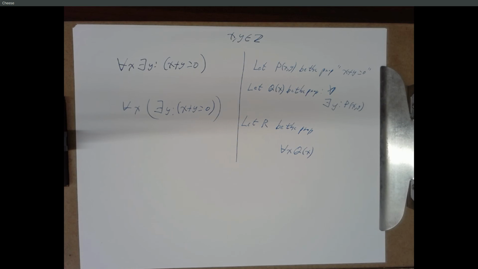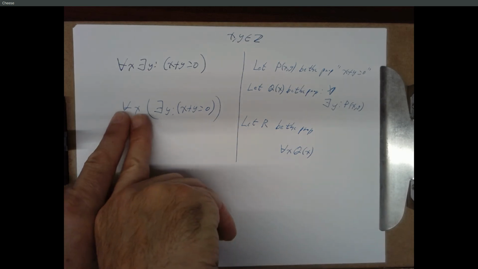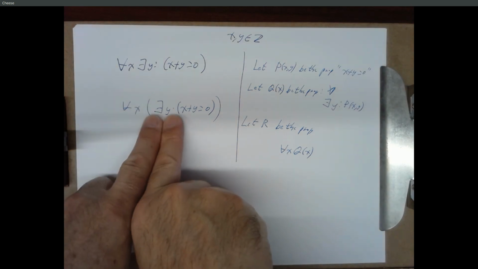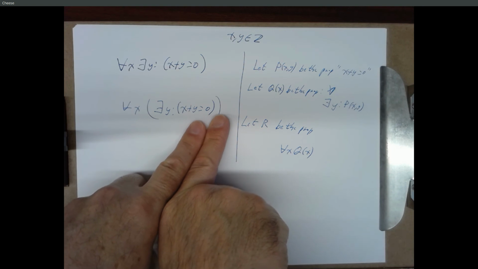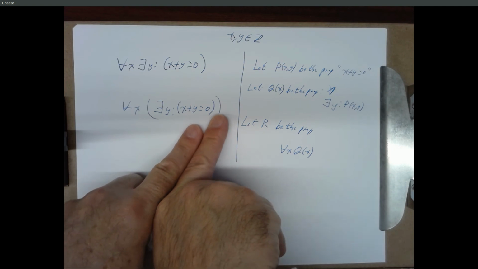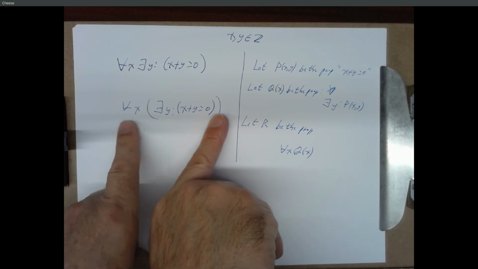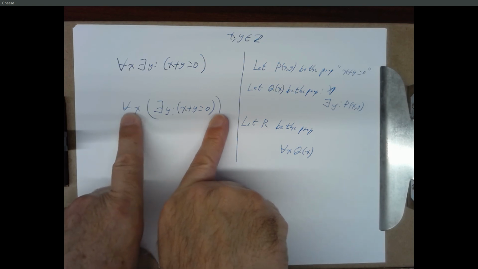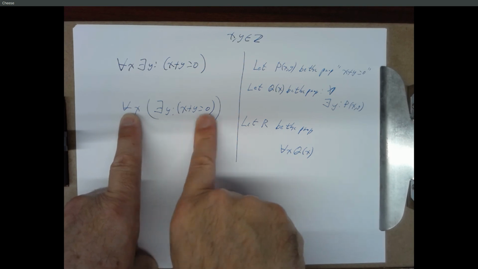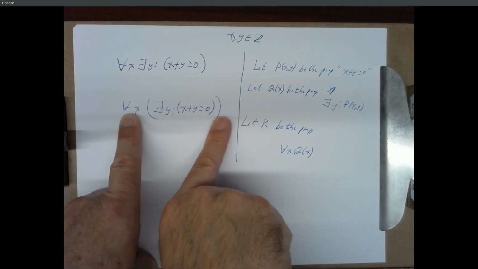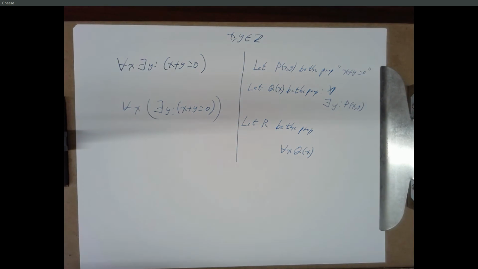But what does this actually mean? It means that for any x you can think of, pick an x, you should be able to find a y such that x plus y is 0. So do you think this is a true proposition or not? Definitely true, because if you pick any x, there exists a y, namely negative x, such that x plus y equals 0. So this is a true proposition.